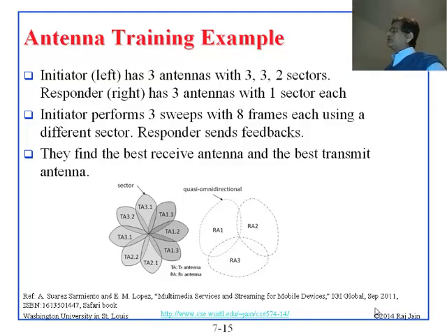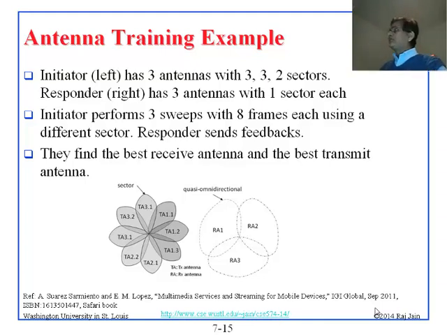Okay, so this has to try 8 different times. This one has 3 antennas with 1 sector each. So it has 3 sectors. Right? And so it's exactly the same process that I told you before. The only thing I wanted to emphasize is that the number of sectors and antennas are totally independent things. You could have more sectors in one antenna and fewer in others.